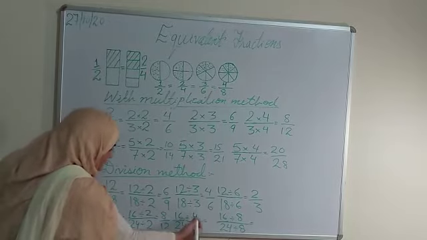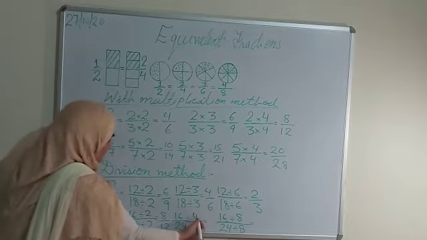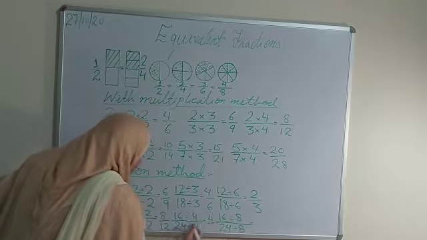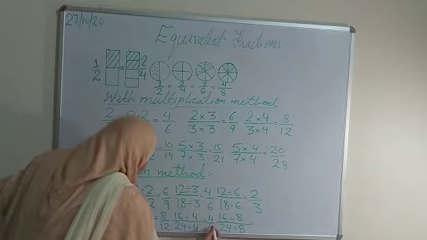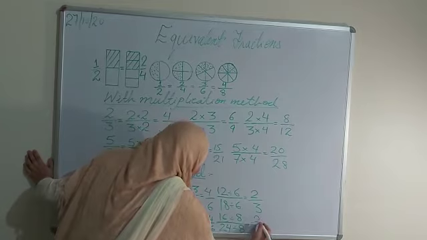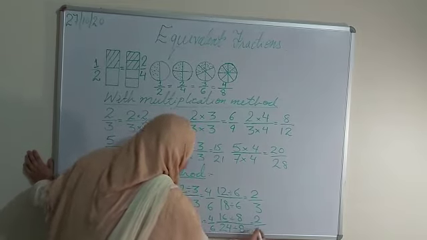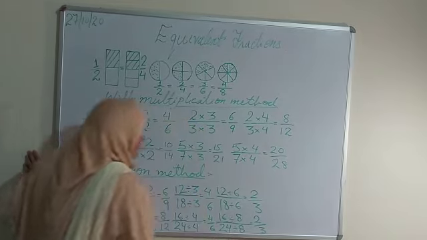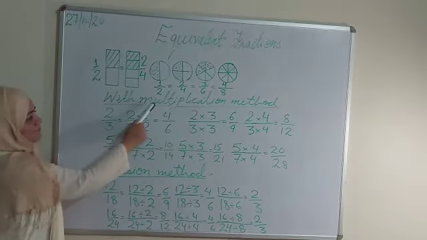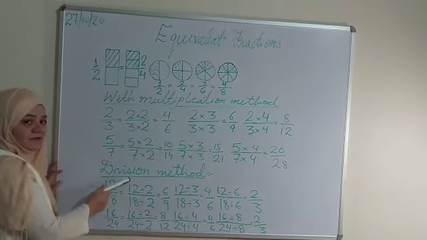When we divide 16 by 4, we get 4. 24 divided by 4 gives us 6. When you divide 16 by 8, you will get 2, and 24 by 8 you will get 3. So this is the method of how to find equivalent fractions with the help of the multiplication method and division method.